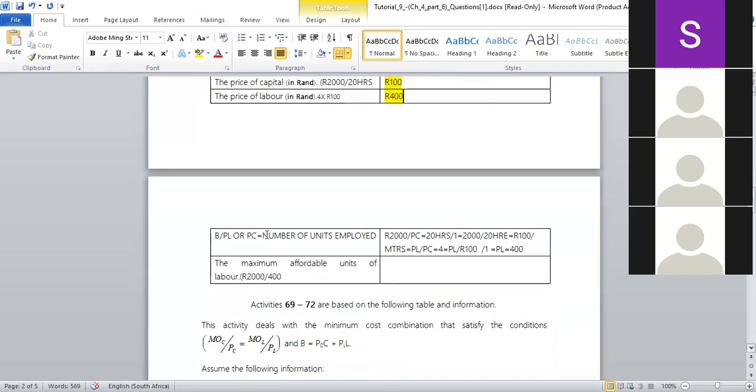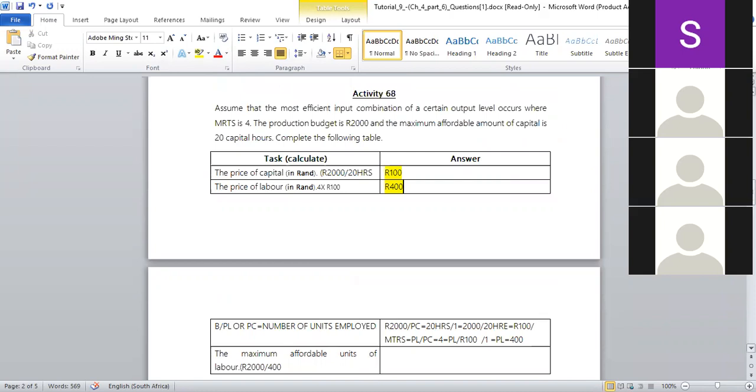Then the maximum affordable unit of labor. Even here, guys, we are applying the very same formula. Just to make it short, if I have a budget here, let's first focus on capital. Our budget was 2000, and the price of labor is how much?